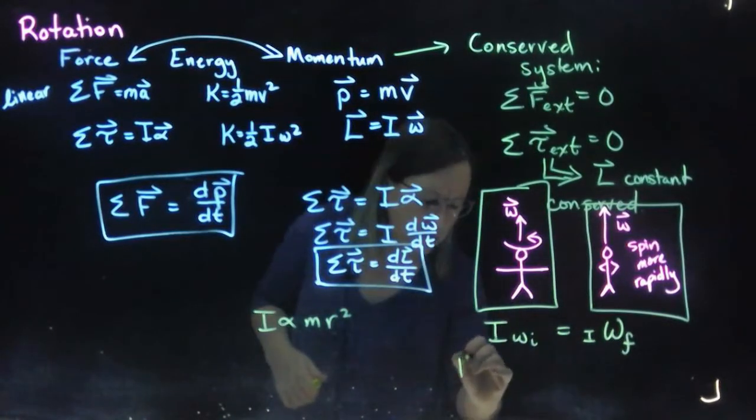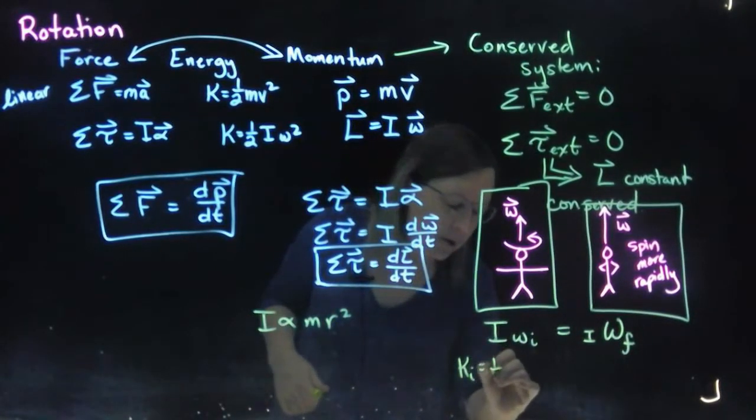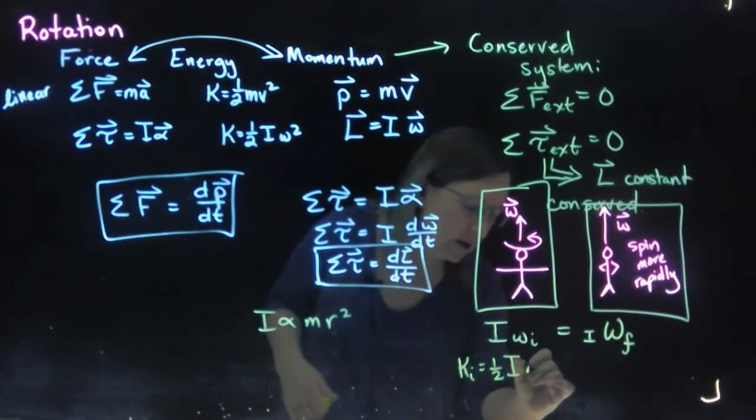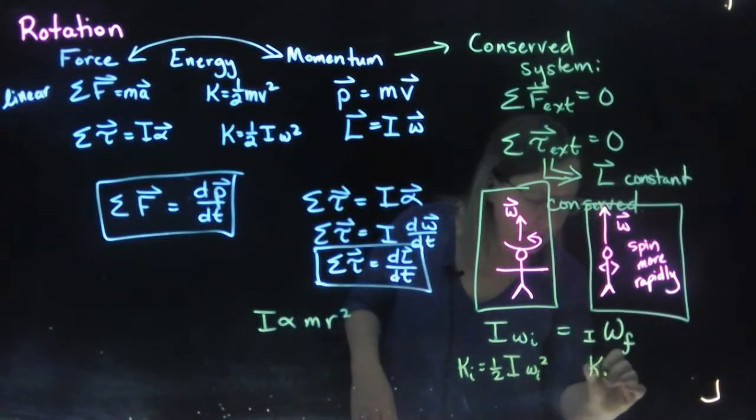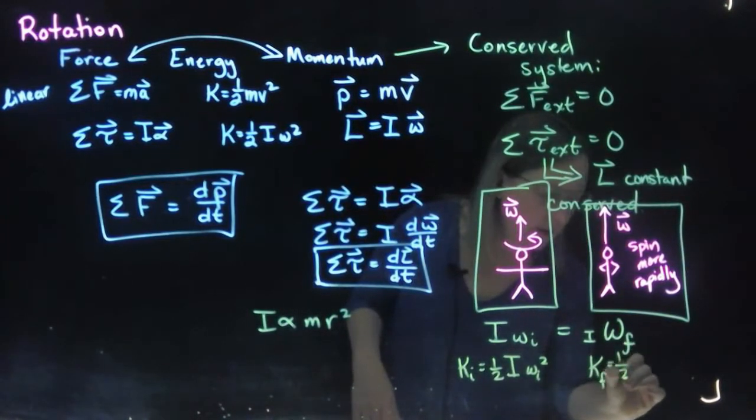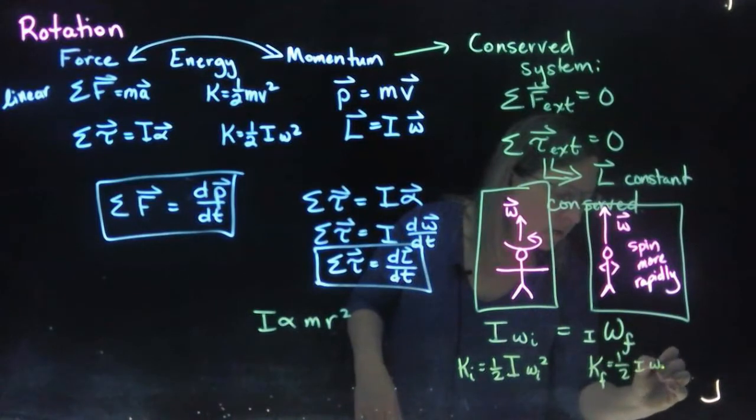The kinetic energy initial is 1/2 big I omega initial squared, and we're going to compare that with kinetic energy final, 1/2 little I, big omega F squared.